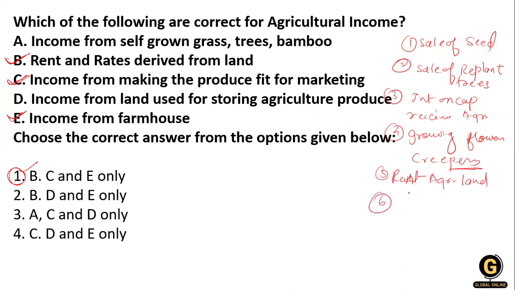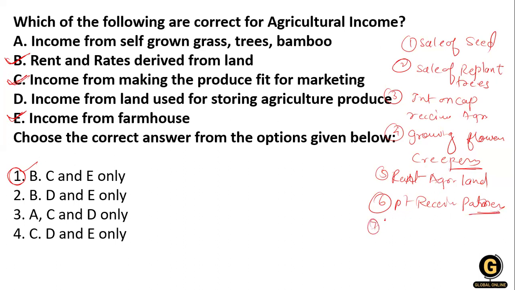And the sixth one is profit received by a partner, if they are involved in agriculture activity.